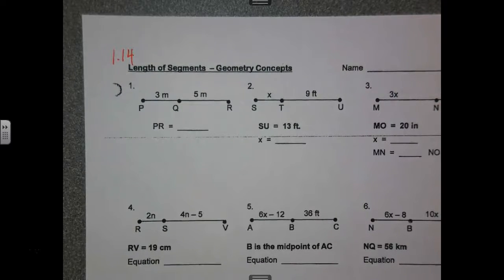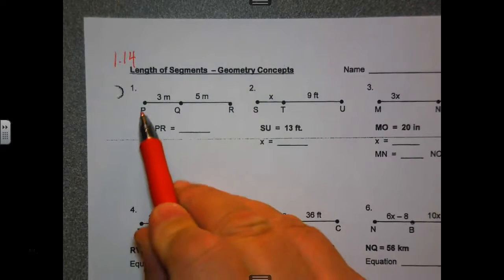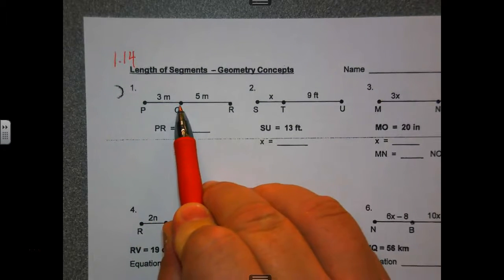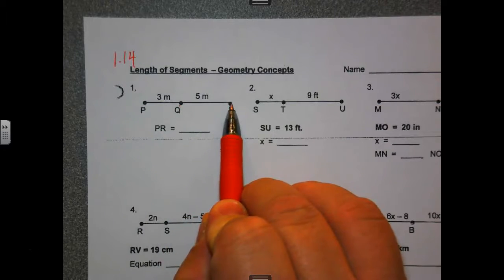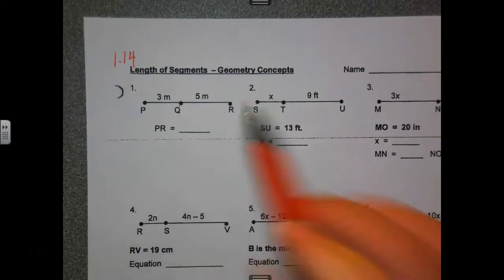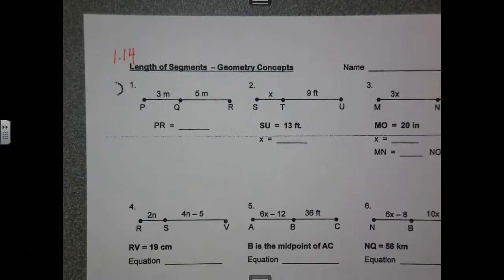Have some of you heard about the addition line segment postulate? In other words, you take one little line segment, add it to another little line segment to get the big line segment. A lot of you are also dual enrolled in geometry, but it's not really hard to figure out.